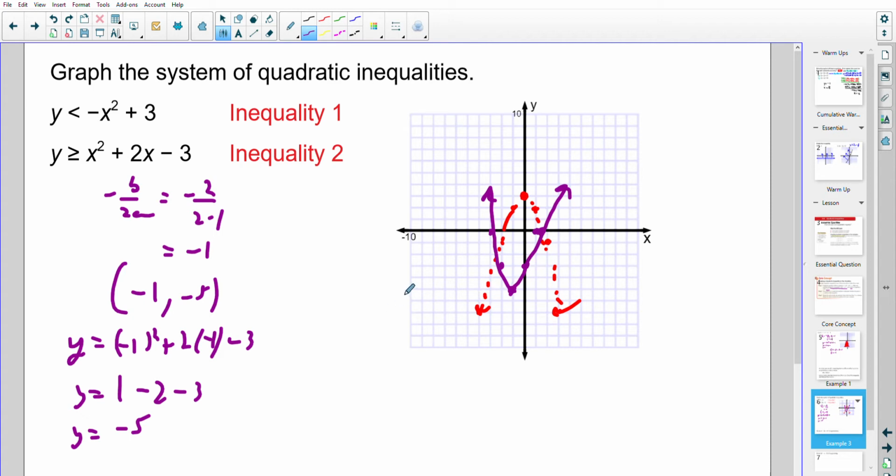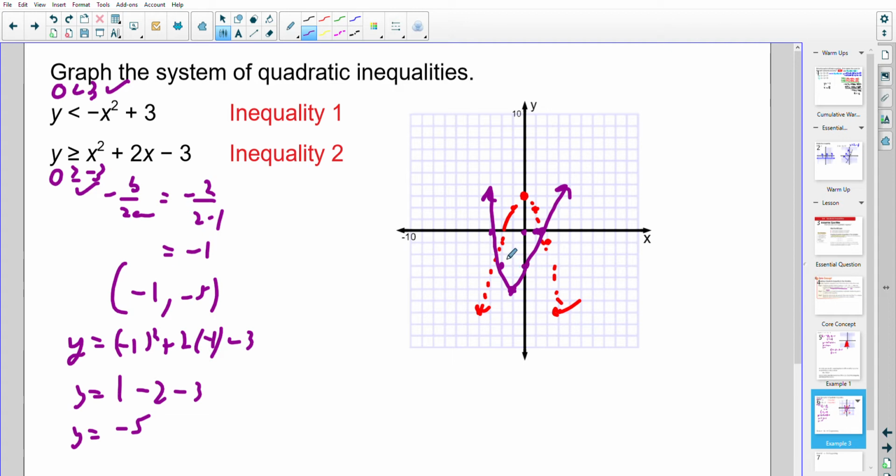the answer. So now the question is, okay, well, I've got to figure out where the inequalities are true. If I use 0, 0 on both of them, let's see what happens. Is 0 less than 3? Yes, it is. Is 0 greater than or equal to negative 3? Yes, it is. This satisfies both of those inequalities, means we shade that area.